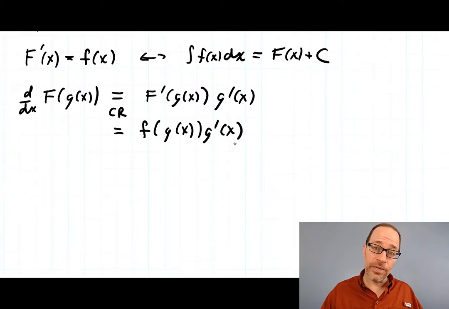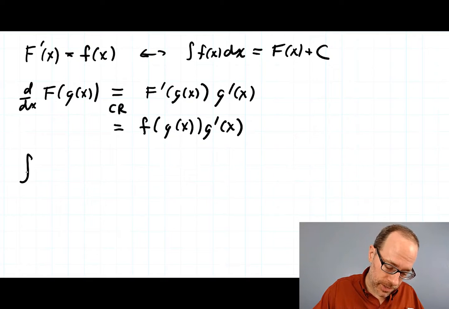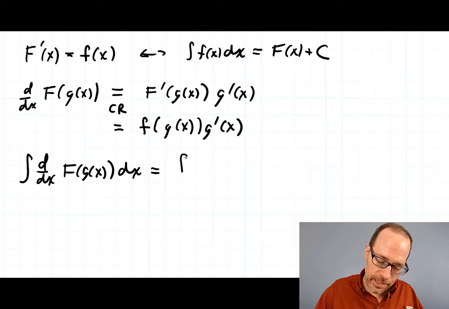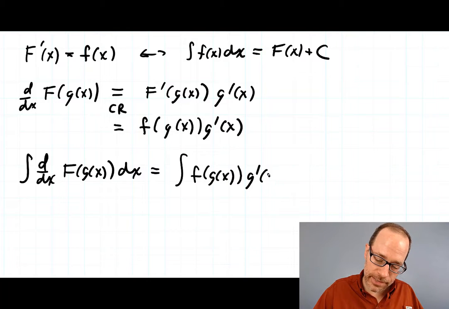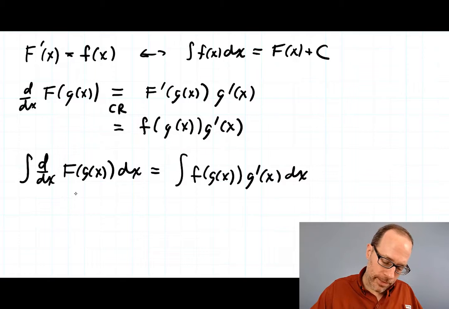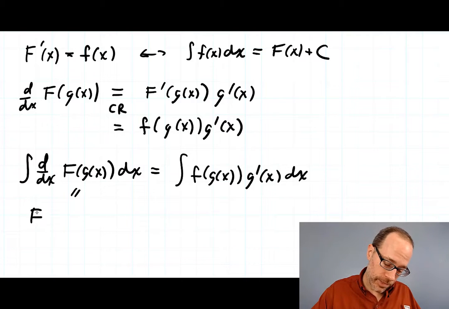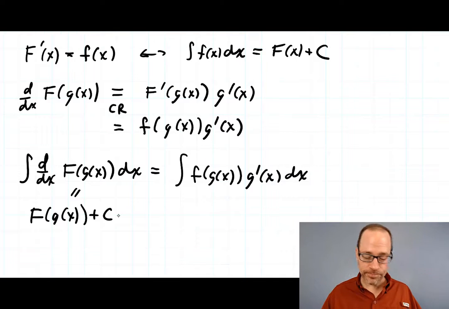The way you make it into an integral rule is just to integrate. So you get the integral of d by dx of F of g of x, dx, is the integral of f of g of x times g prime of x, dx. But this is the integral of a derivative, so that'll just be the original function. Because F of g of x is, of course, an antiderivative for its derivative.